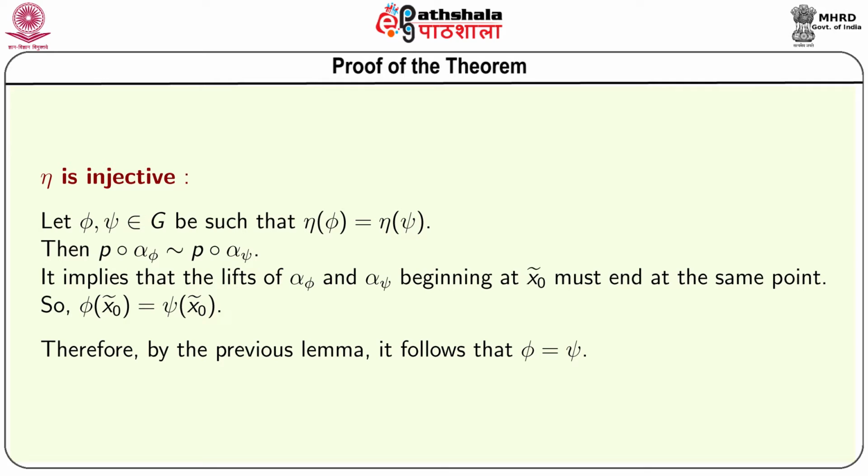It implies that the lifts of alpha phi and alpha psi beginning at x0 tilde must end at the same point. So, phi of x0 tilde is equal to psi of x0 tilde. In view of the lemma that we have stated before, it follows that phi and psi are the same.